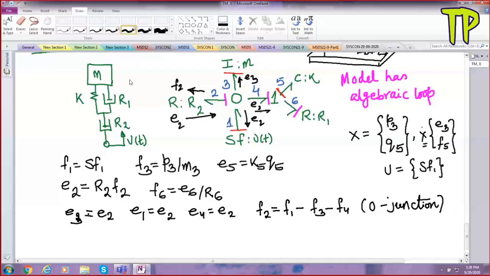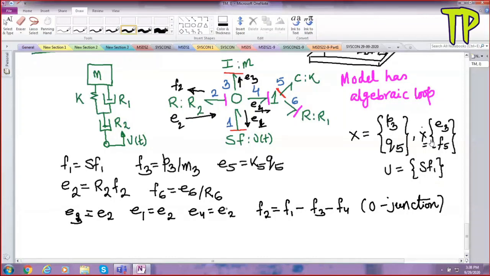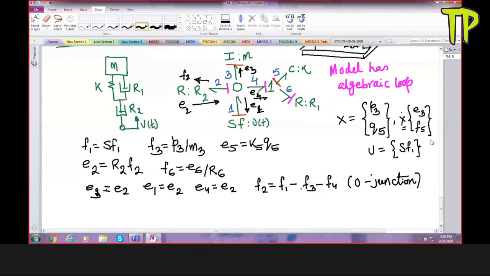All are the same. E4 and E1, all these are outputs from the zero junction. So E3, E1 and E4 are outputs. E2 is input to the zero junction. If it is a one junction, it's different. As per causality, this junction has flow 1, flow 3 and flow 4 as inputs.